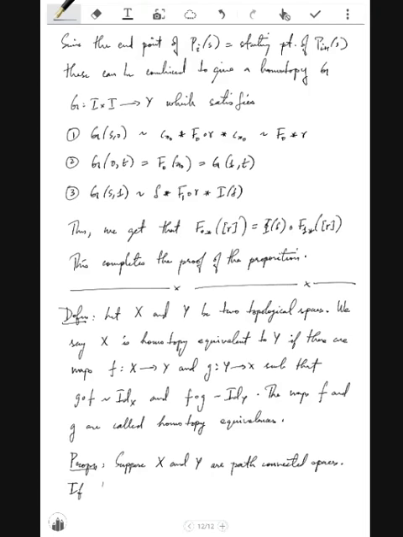If they are homotopy equivalent, then pi 1 x x naught is isomorphic to pi 1 y y naught.